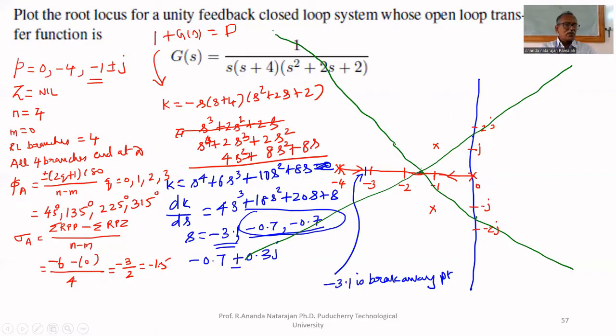Angle of asymptotes: you have to draw in dotted line in the graph sheet, or you have to use color. And you have to write asymptote. Otherwise, you cannot distinguish between root locus and asymptote.